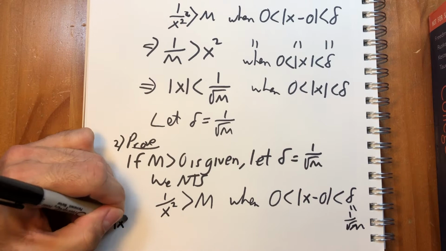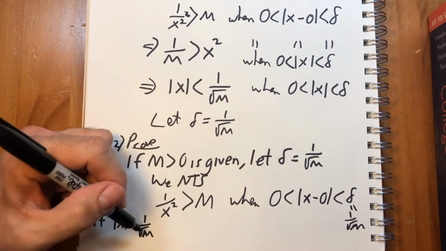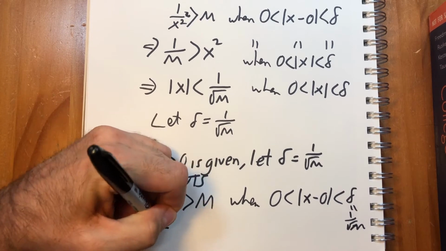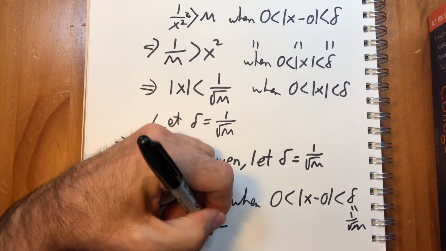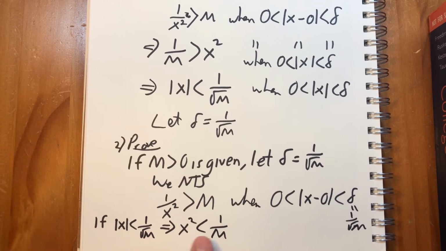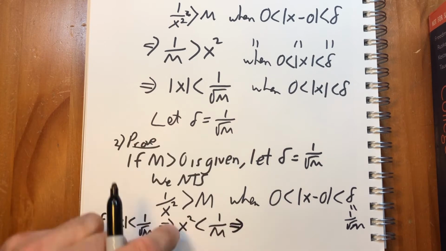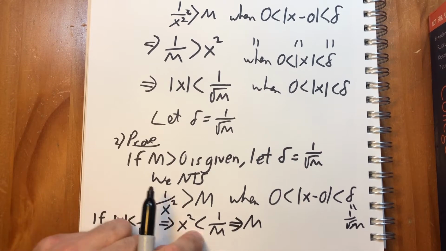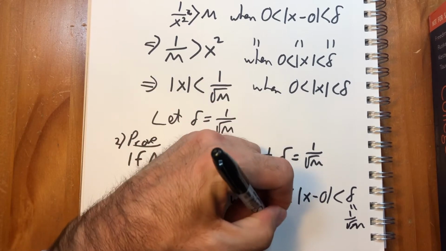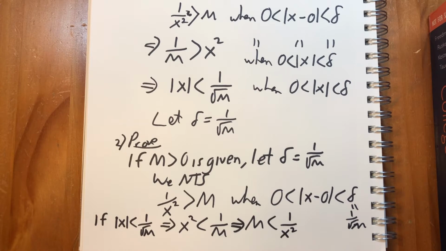So if the absolute value of x is less than 1 over the square root of m, then if we square both sides, that means that x squared is less than 1 over m, right? We squared both sides. Then we rearrange them. That means that, multiplying both sides by m and dividing both sides by x squared, we have that m is less than 1 over x squared. And that's what we needed to show, right?